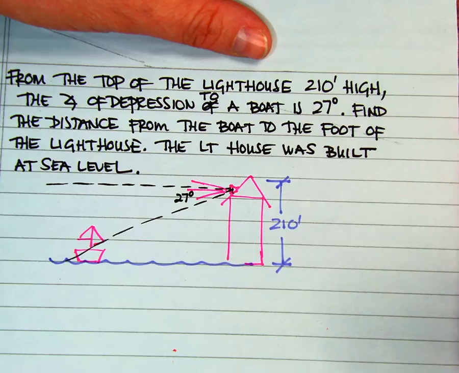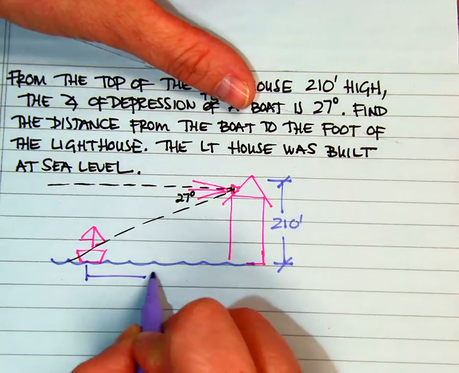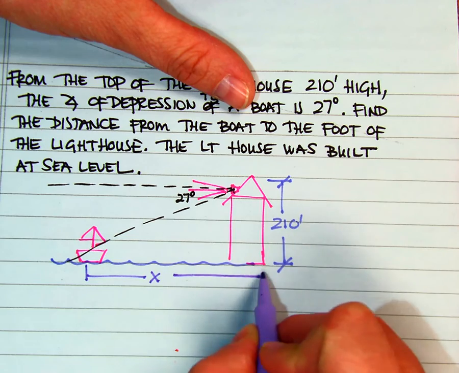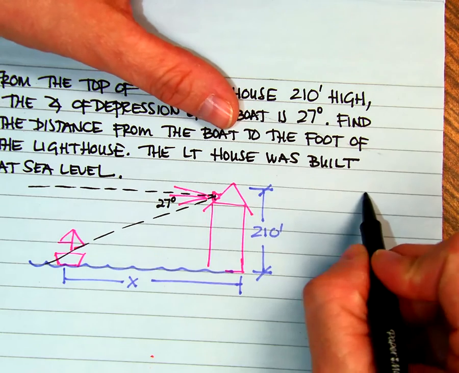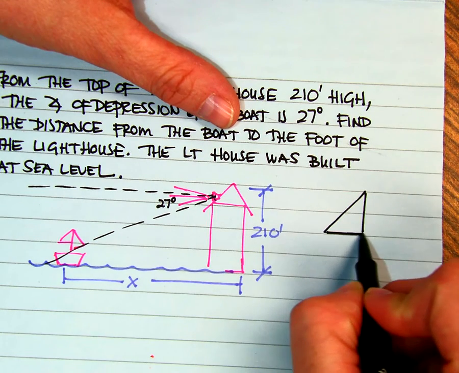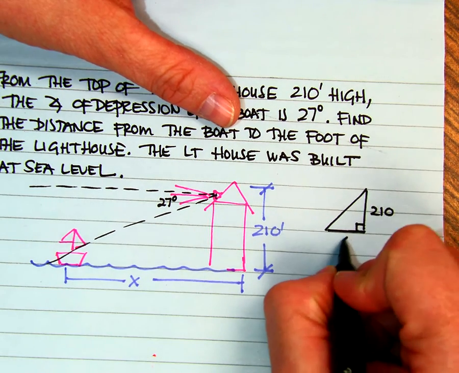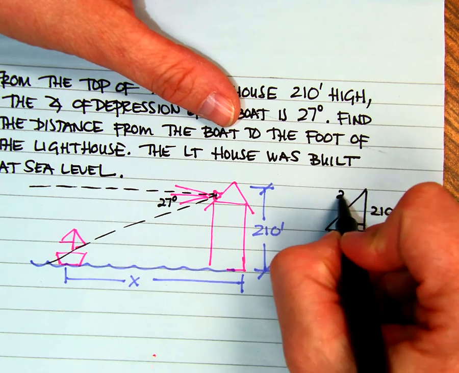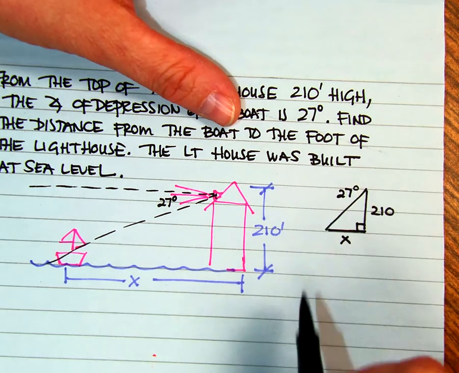Find the distance from the boat to the foot of the lighthouse. So we are looking for that measurement. If we pull all the information out, we have the 210, we have the X, and we have 27 degrees.